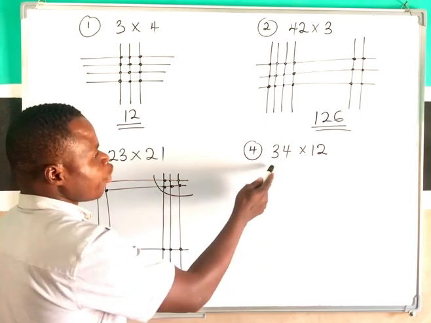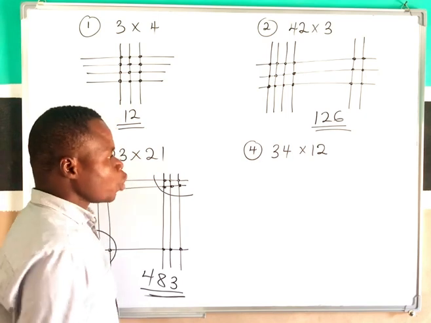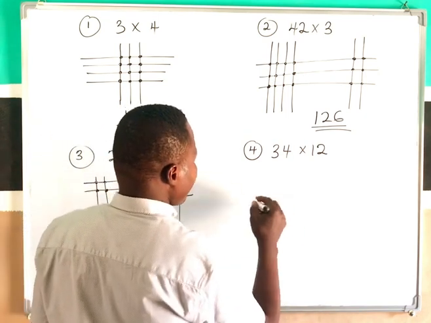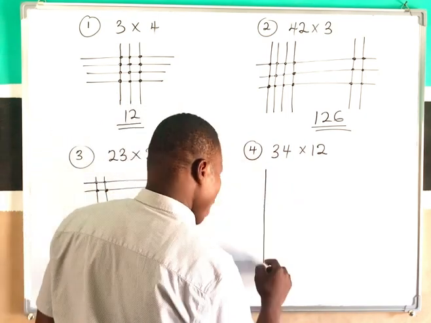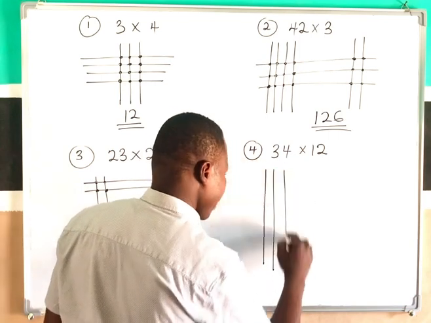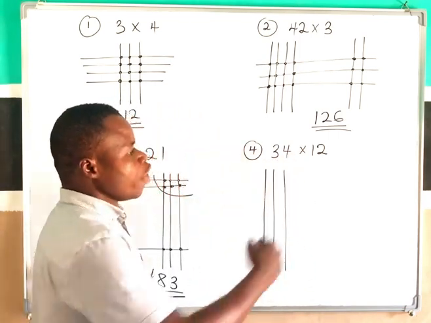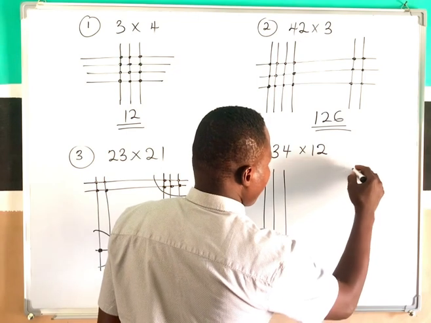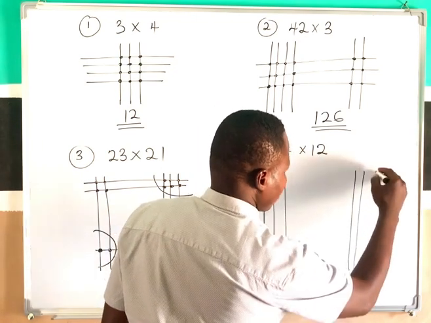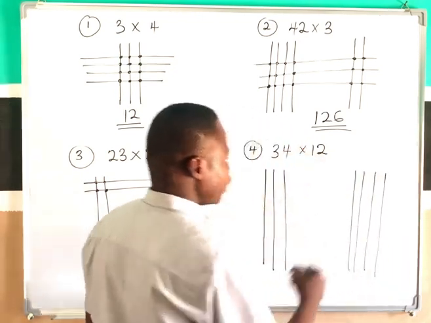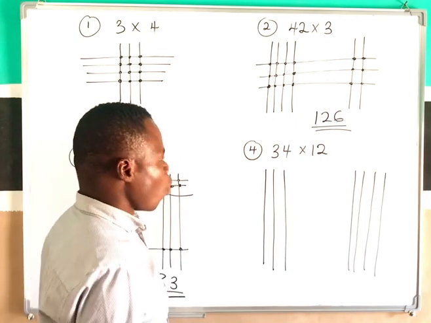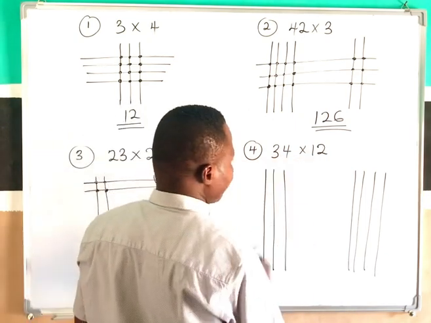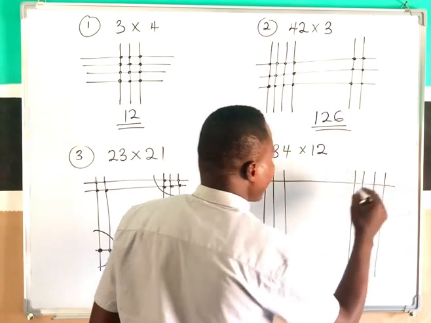Let's move to the last example. Last example is 34 times 12. So what I'll do is that I will first draw my 3 vertical lines. 1, 2, 3, which represent the digit 3. Leave a space and draw 4 vertical lines like this. So this means 34. Then after that, I'll use the 12. The 12's first digit is 1, then I'll draw one line on top.